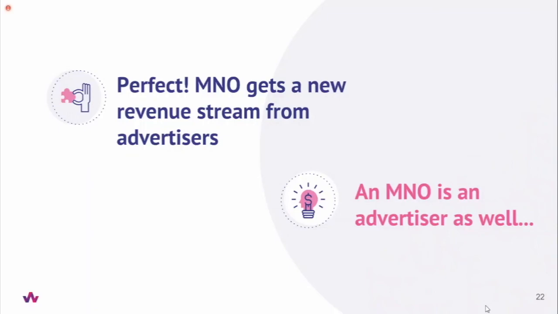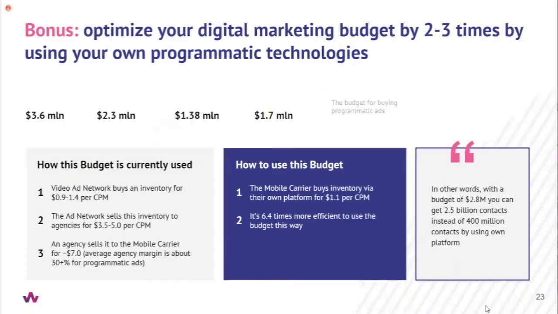And here are some numbers showing how it works. If you have your own advertising ecosystem, with direct connections to advertising networks, you can run your own advertising campaigns for promoting your own digital services quite a bit more effectively than you did before.